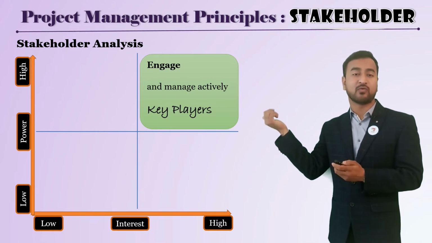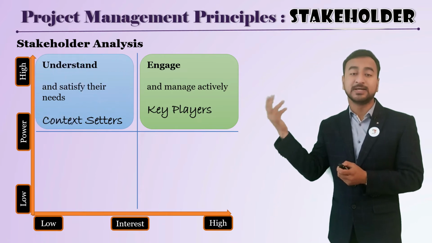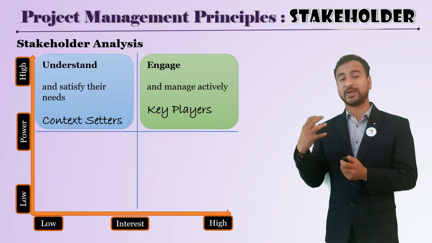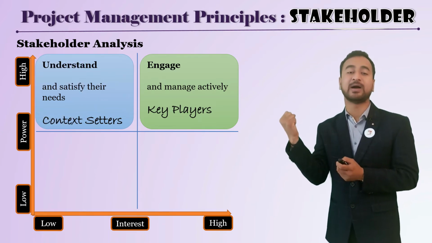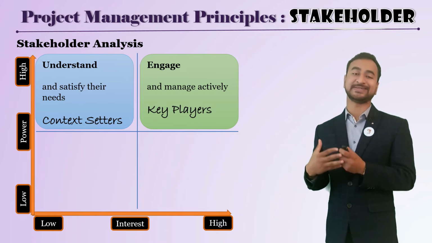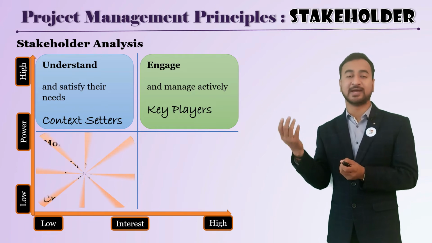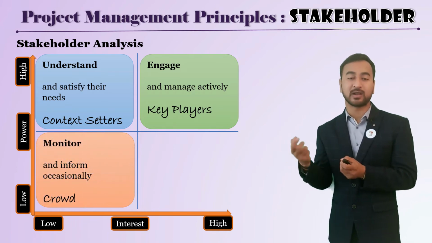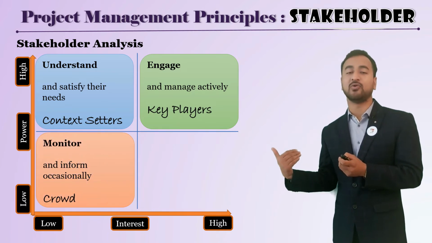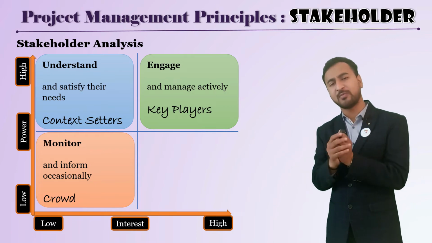The second quadrant is the context setters, who have high power but low interest in your project; you need to satisfy their needs. Then there is the crowd, who have low power and low interest, so just keep monitoring them.